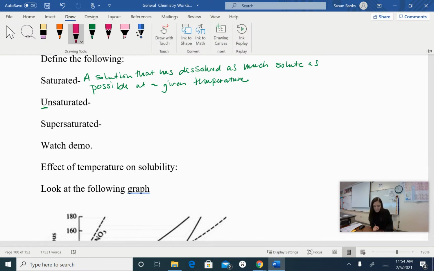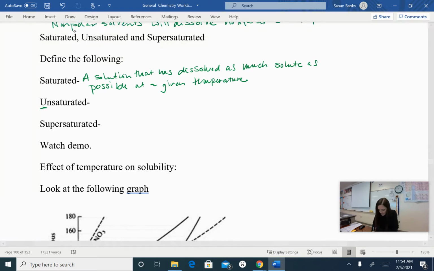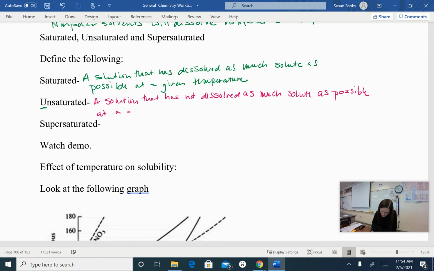So if it's unsaturated, it is a solution that has not dissolved as much solute as possible at a given temperature.